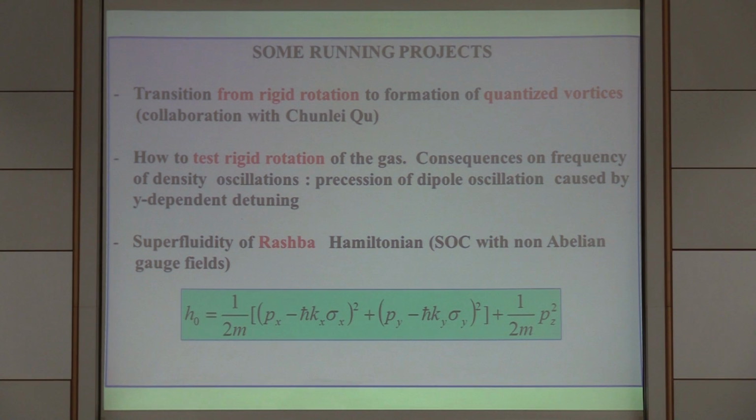In some sense, here we are able, probably, likely, and this is what we are studying, to do the same, probing the consequences of the spin detuning, the position-dependent detuning, on the precession of the center of mass oscillations.